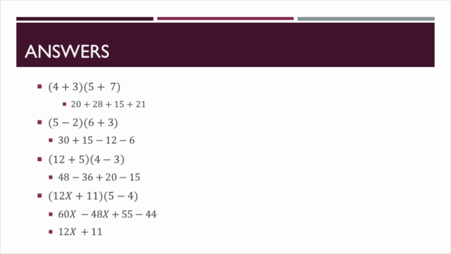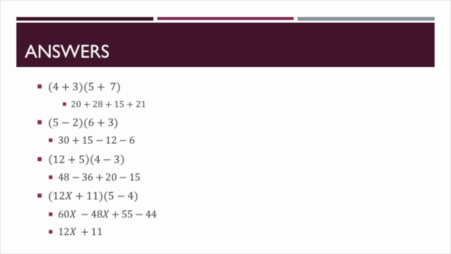On our third one, we have 12 plus 5 times 4 minus 3. 12 times 4 is 48, minus 12 times a negative 3. Remember, it's plus a negative is the same as a subtraction, so minus 36, plus 5 times 4, that's 20, minus, that's 5 times a negative 3 is negative 15. So we have 48 minus 36 plus 20 minus 15.